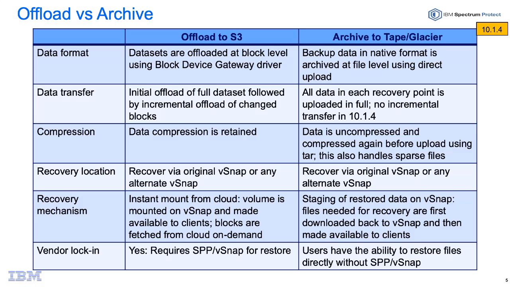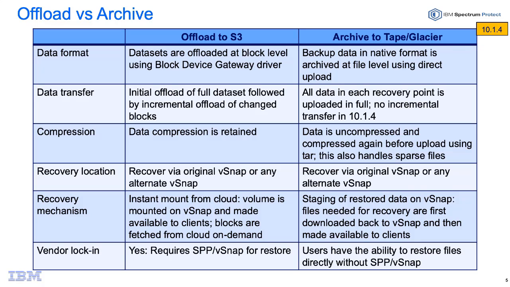So the volume is going to be mounted on vSnap and made available to the client, and blocks are going to be fetched on demand. But with an archive, because it might take a lot longer, the data will be staged on vSnap. That is, they'll be downloaded back to vSnap and then made available to the clients.